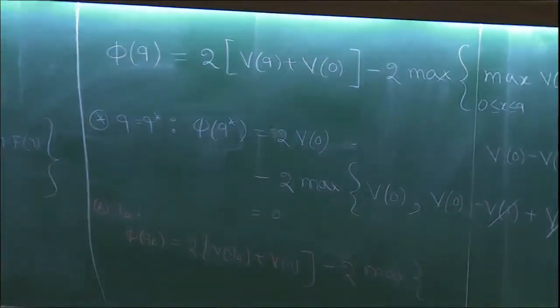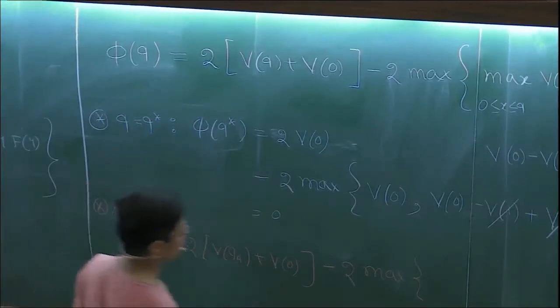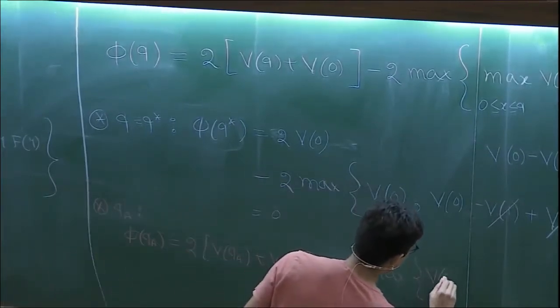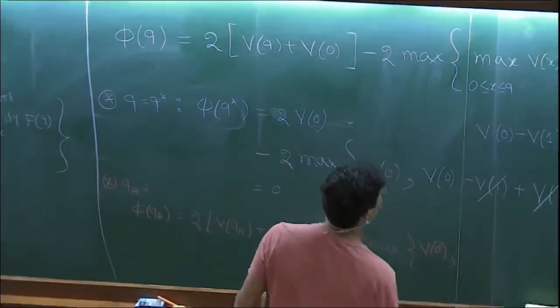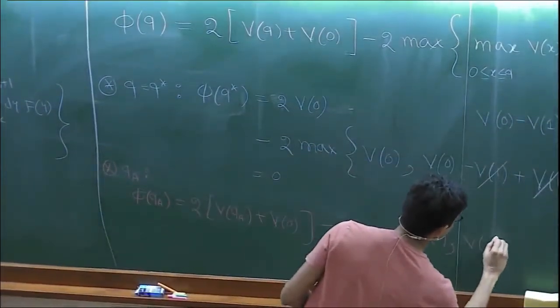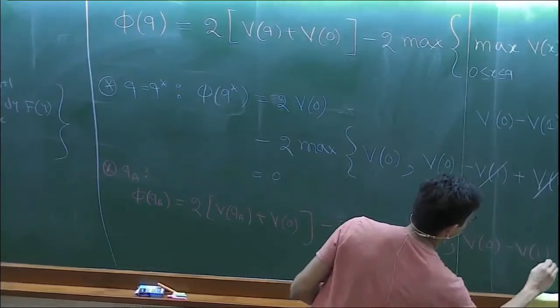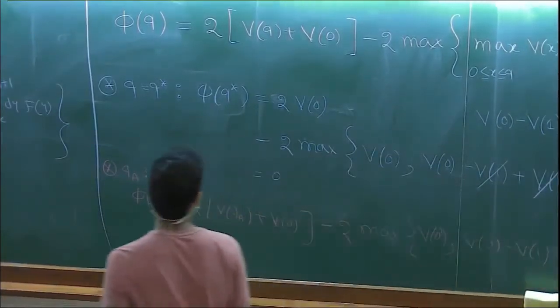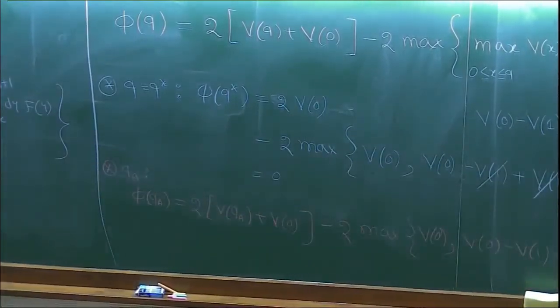Now, if I'm looking at maxima in this range, it's again v of 0. So v of 0. Then here's v of 0 minus v of 1. Now I'm looking at maxima in the range from here to there. The maxima would be then here, right?